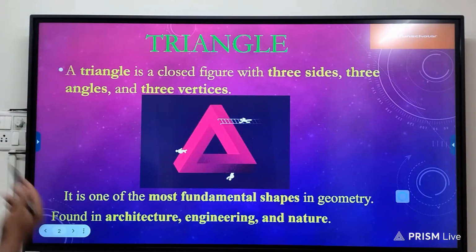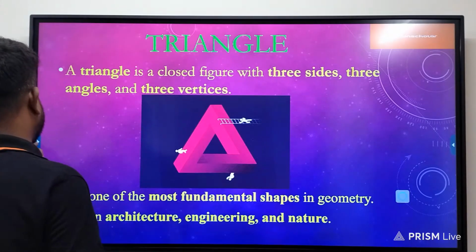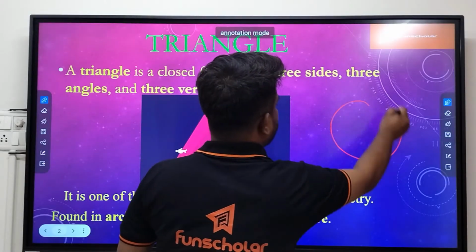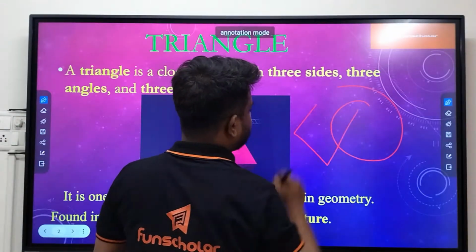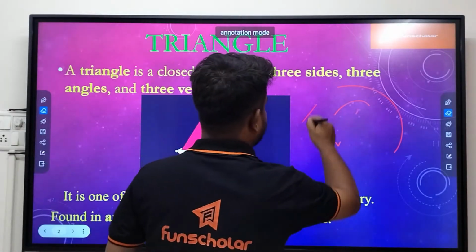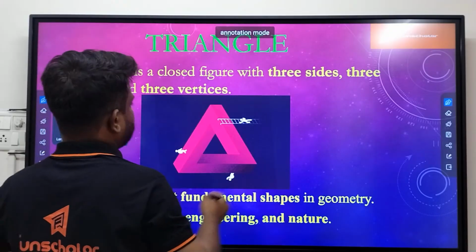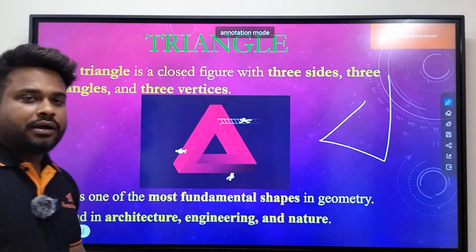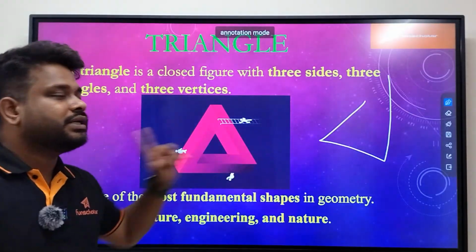So a triangle is a closed figure with three sides, three angles and three vertices. Talking about closed, this one will be an open figure. This is also a figure which has three sides, but this one is not closed.